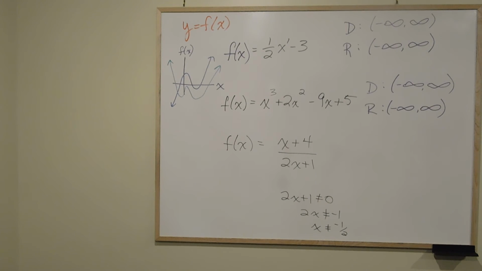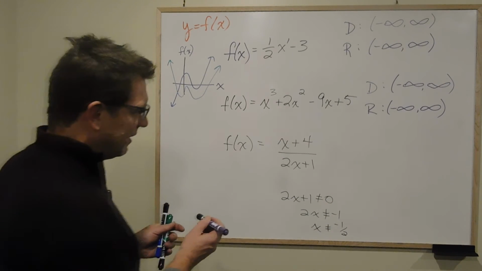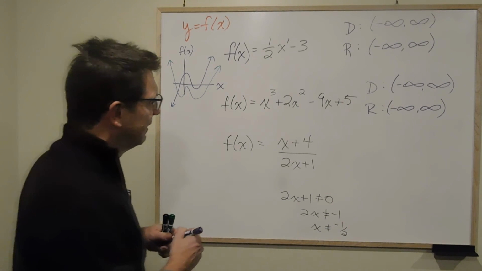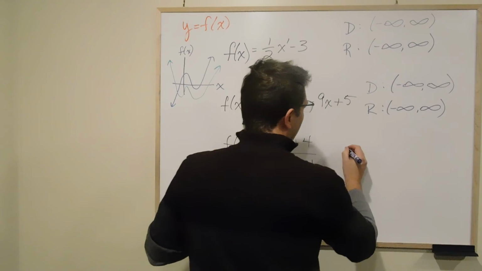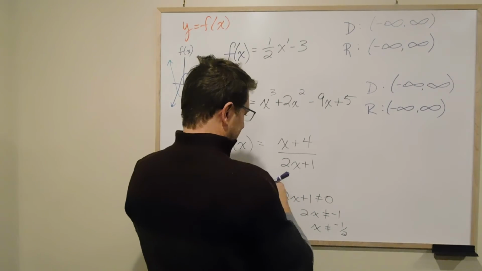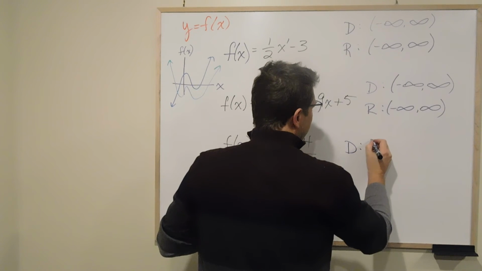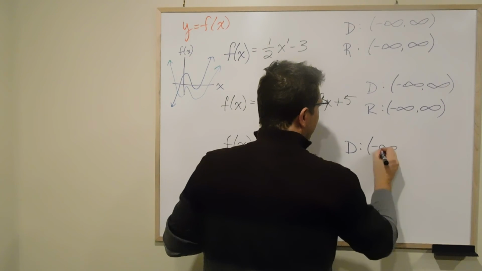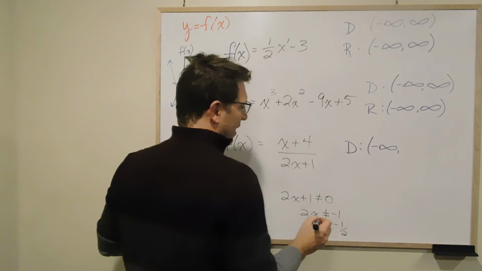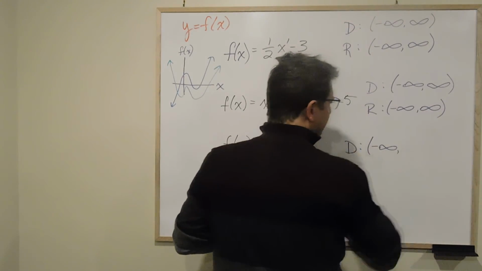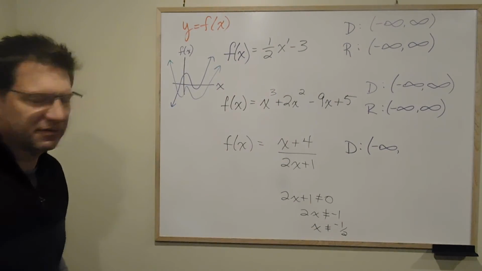Okay. So now really what we're looking at is a bit of an issue here. Okay? We have something like this. We have a domain, I'll use purple, sorry, that goes from negative infinity to negative 1/2. Okay?